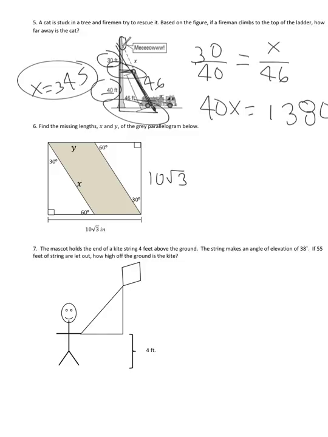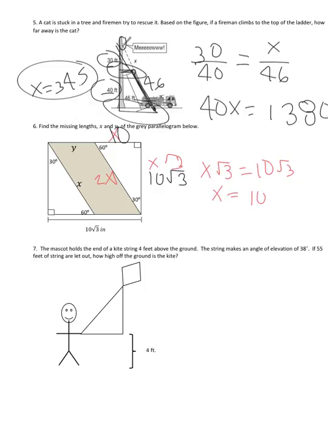And why that's important is because you notice in the white at each corner there's a 30, 60, 90 triangle, which by the pattern is x, x square root of 3, 2x for the hypotenuse. So if x square root of 3 we know gives us 10 square root of 3, obviously x is 10.